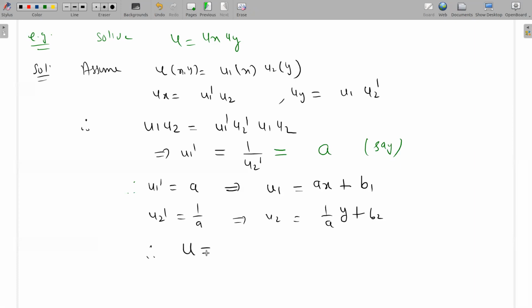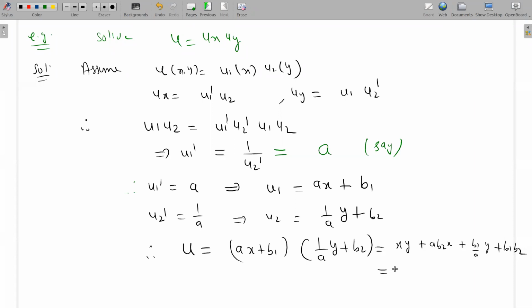Therefore u equals u1 u2. Simplify a bit: this is xy, you can write a new constant if you want, xy, then a b2 x plus b1 by a y plus b1 b2.